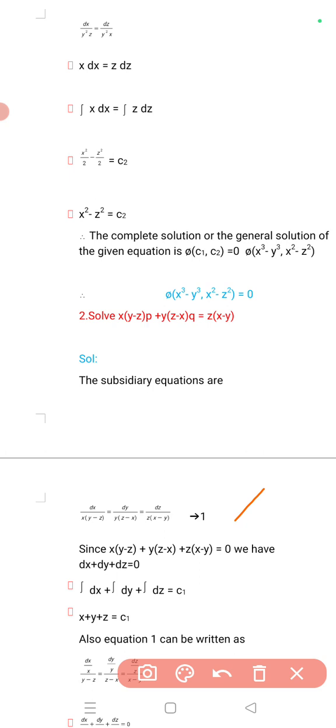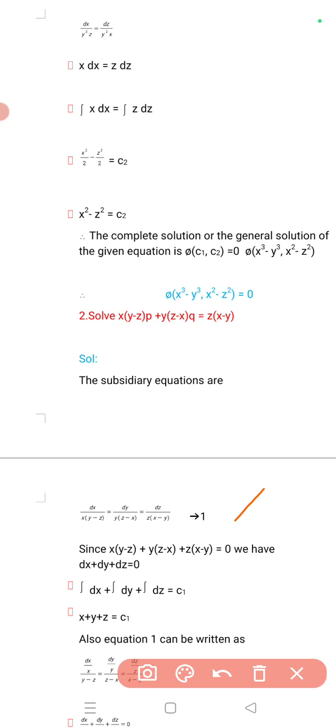Here we do not follow the previous ideology. We go with a different idea. That is what we do here. Consider only the denominators x into y minus z plus y into z minus x plus z into x minus y. By adding all these denominator counterparts, what do you get?